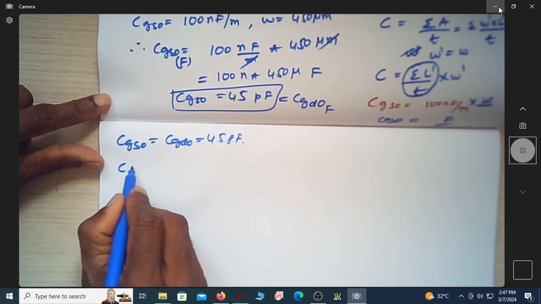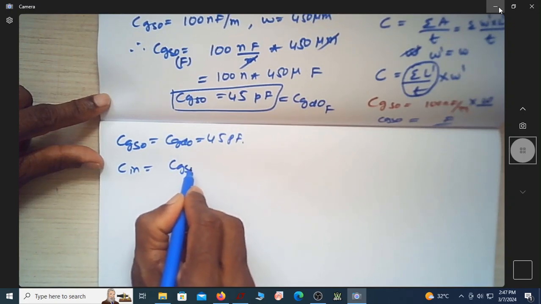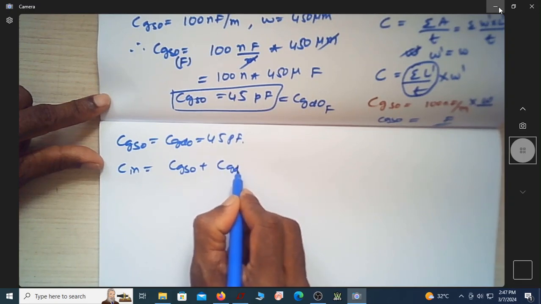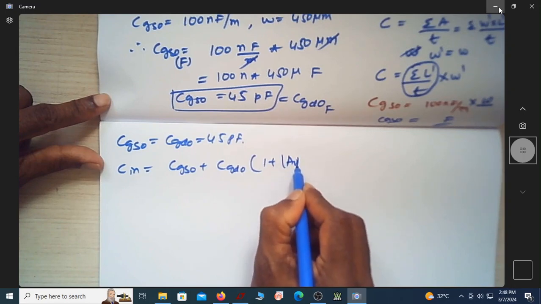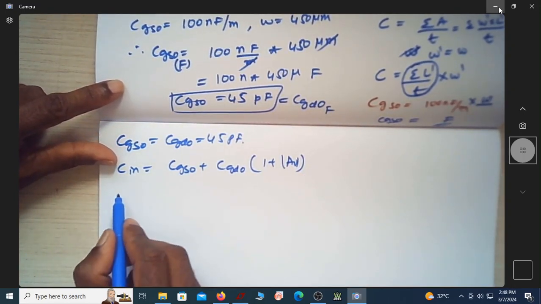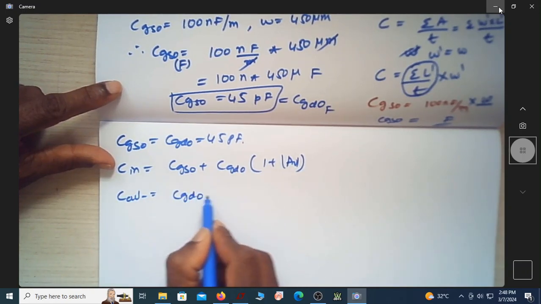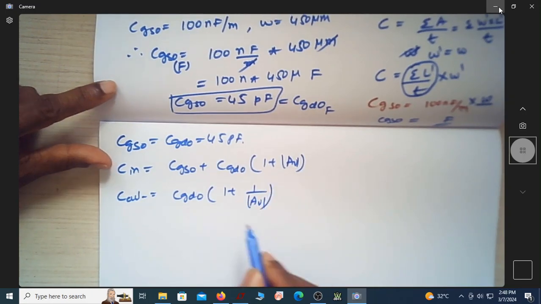But what is C in? It's actually CGSO plus CGDO into 1 plus AV magnitude. First I need to find out what is AV. What is C out? This is equal to CGDO into 1 plus 1 over magnitude of this.